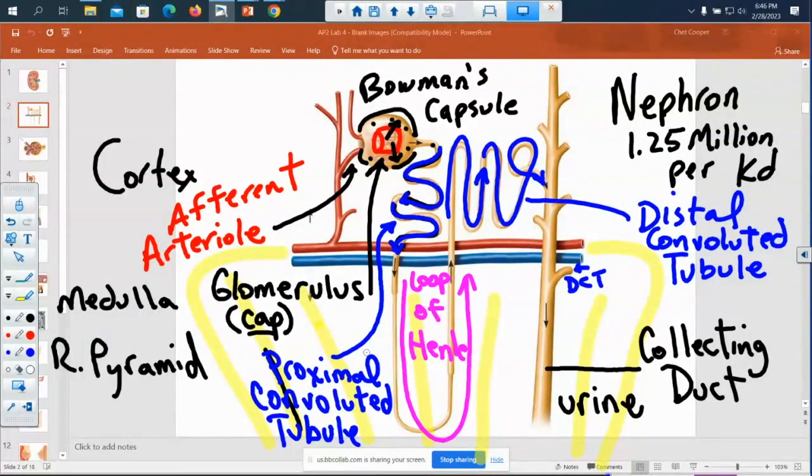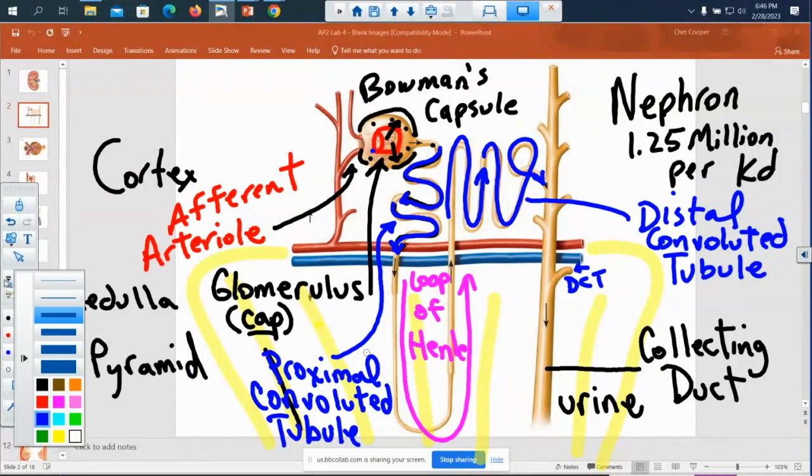So that's our first markup of the nephron. Oh, I left one thing out. If this one is the afferent arteriole, there's capillaries. The blood's not done. It comes out here, right here. So we have to name that one.